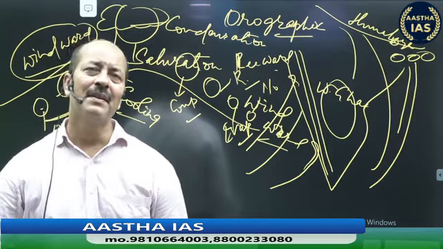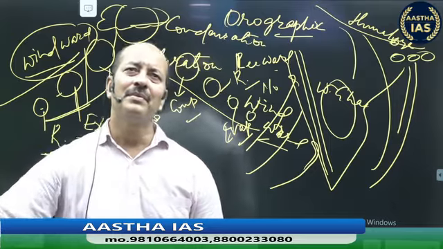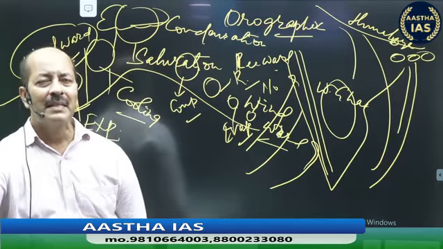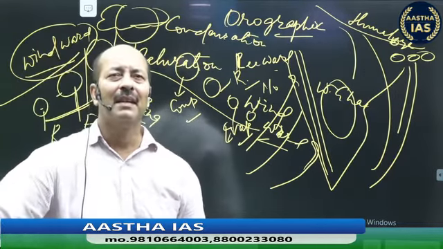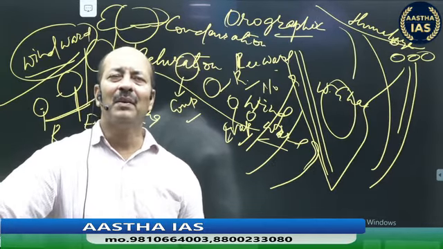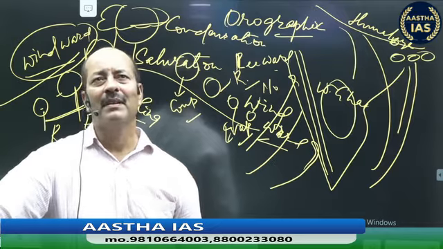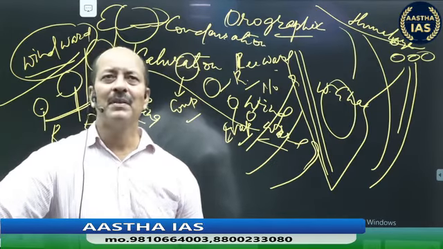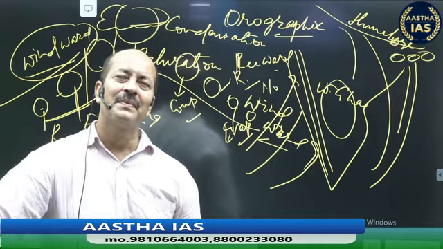Again, I am repeating it. The parts of eastern Maharashtra, Telangana, Karnataka, and north Tamil Nadu receive less rainfall because this is a leeward area.